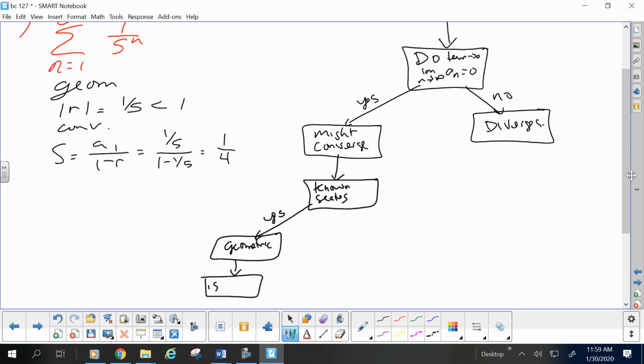Is r less than 1? And you do your thing from there, yeah? It might not be geometric, but it might be telescoping, in which case you're decomposing and seeing if it has partial sums that approach a limit.